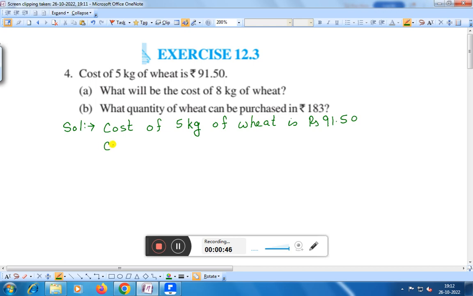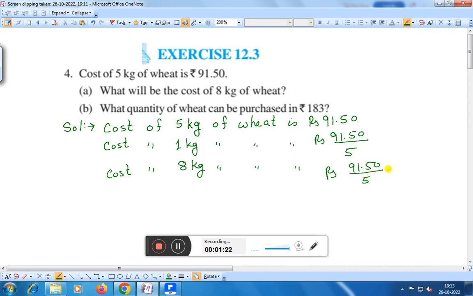Therefore, cost of 1 kg of wheat is rupees 91.50 by 5. Therefore, cost of 8 kg of wheat is rupees 91.50 by 5 into 8.